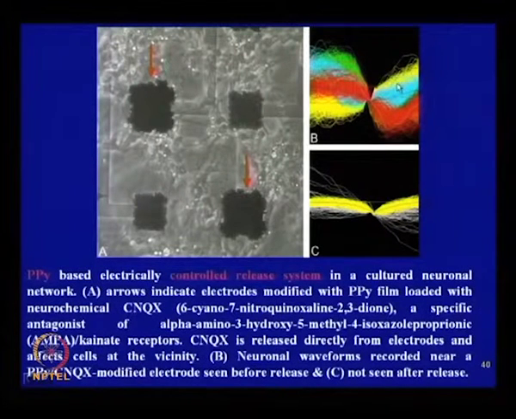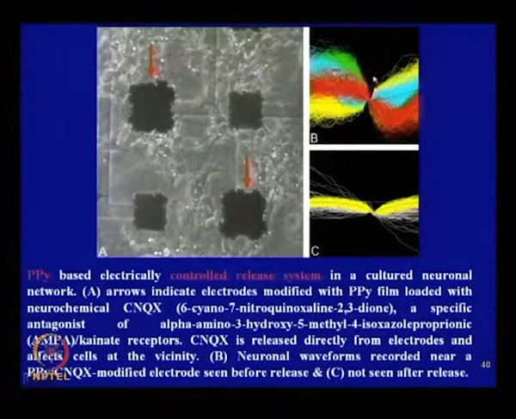So, this figure shows a specific antagonist. The CNQX is released directly from the electrode here, these drugs are released and affect cells in the vicinity.